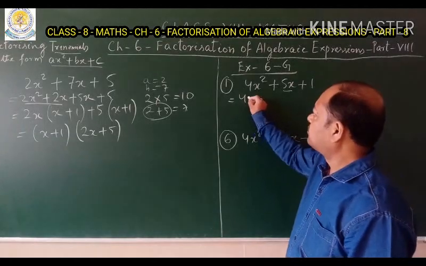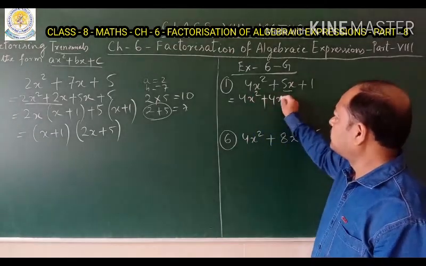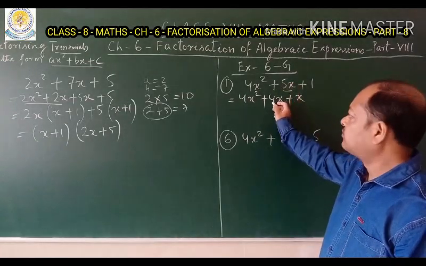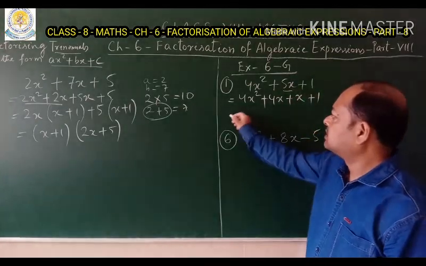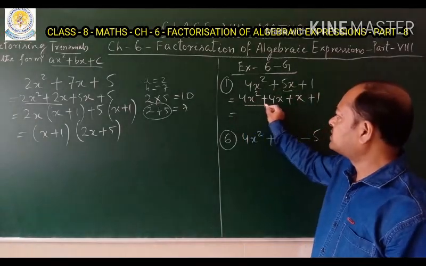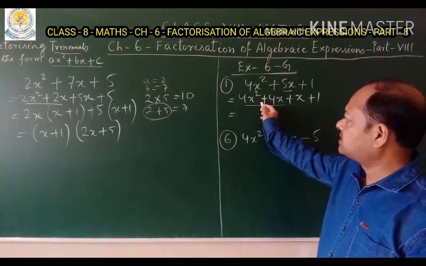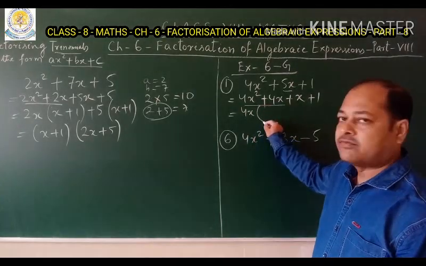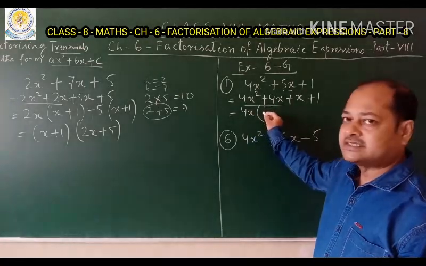So 4x square write down. 5x can be broken like this, 4x plus x, because 4 plus 1 is 5, 4 into 1 will be 4, plus the last term. From 4x square plus 4x, what is common? We have observed here 4x is common. So take 4x as common. So what is inside the bracket?